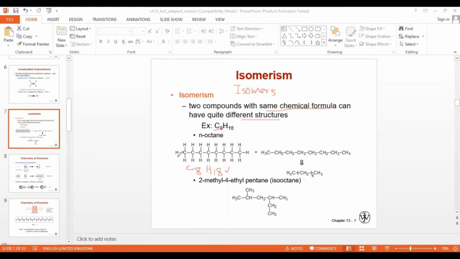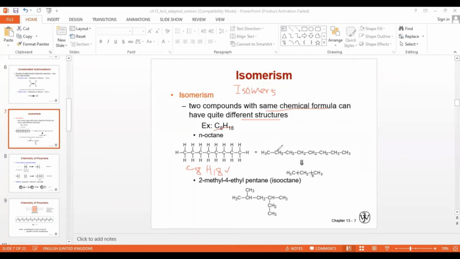Here it's drawn, here it's shown just by writing: CH3, CH2, CH2, CH2, CH2, CH2, CH2, CH3.